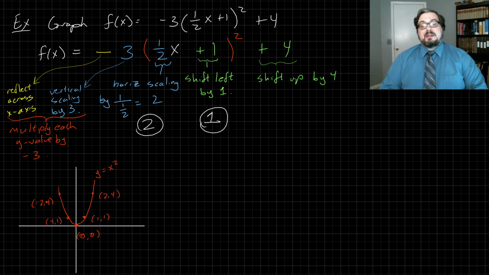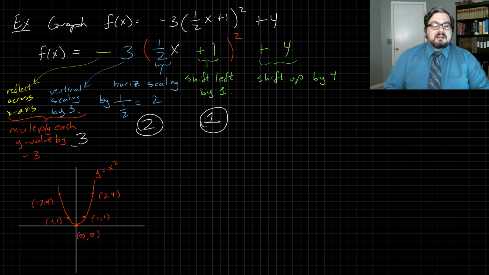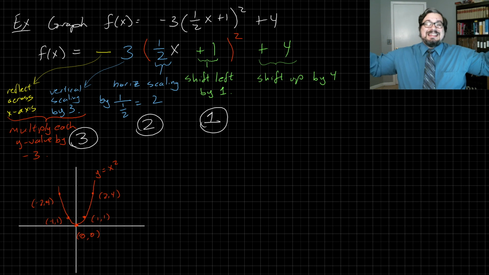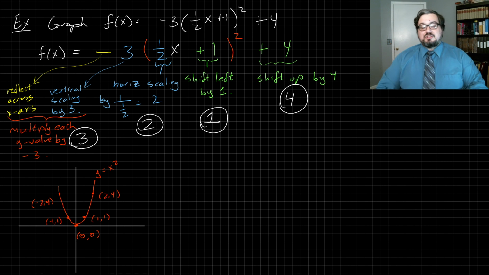So our first transformation is going to be shifting left by 1. Then our next transformation is going to be a horizontal scaling by 2. Then we're going to move to the vertical transformations, and the vertical transformations happen in the order of operations order, which means that we're going to multiply each y value by negative 3 next, and then finally we're going to shift up by 4.